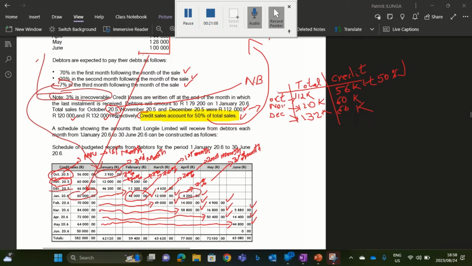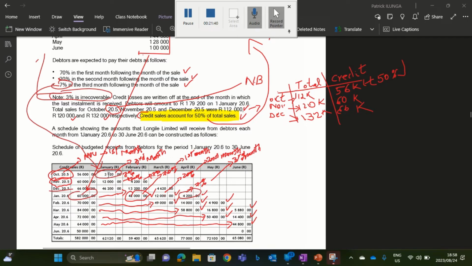For October 2025, 70% will be recovered in November, 20% will be recovered in December, and then only 7% for October 2025 will be recovered in January 2026. All right. So you can see there, I've put all the arrows there to show you that for October, they're recovering in January.